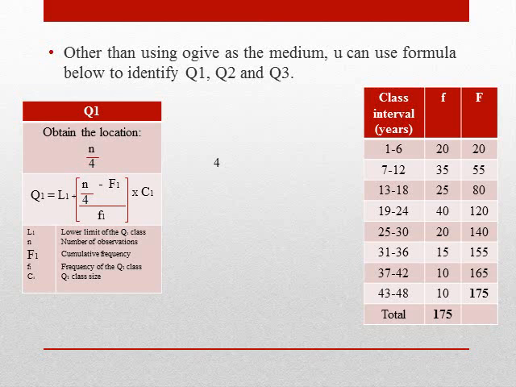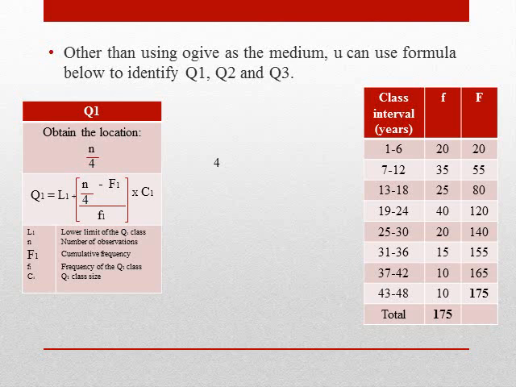The location is n over 4, or 1 over 4 times 175. This is the formula to get Q1: L1 plus (N over 4 minus F1) divided by f1, times C1. The capital F is for cumulative frequency and the small f is for frequency.